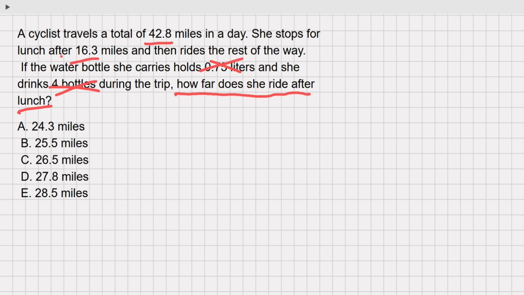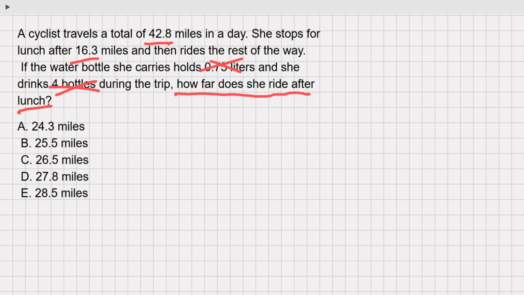When in fact, the 4 bottles and the 0.75 liters are pieces of information designed to get you confused, to where you have no confidence in answering the problem, or to delay you so you're not able to answer even more questions and therefore dropping your score on the ACT even more. It is your job to be optimized for these types of problems on the ACT so that you can answer other questions that are tougher and do these questions faster.